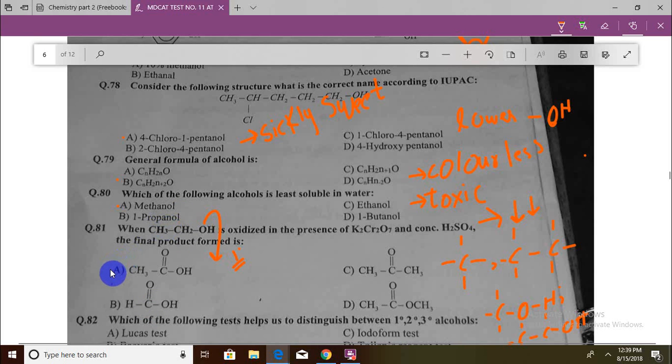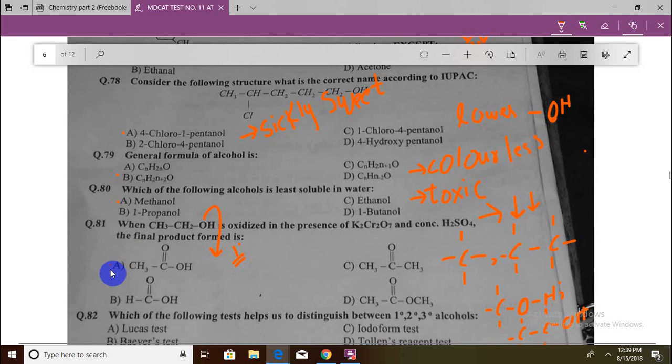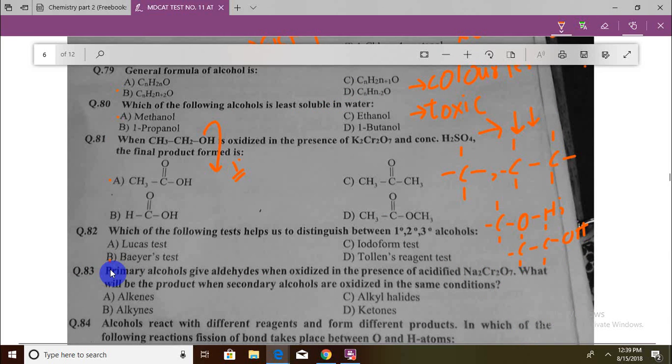Easy. So which of the following tests can help us distinguish between primary, secondary, and tertiary alcohols? Tollens' reagent is not effective on alcohols and will not successfully oxidize any of them. Baeyer's test is basically alkaline KMnO4, and it's pretty dilute, about 1%, and it's not that good an oxidizing agent.